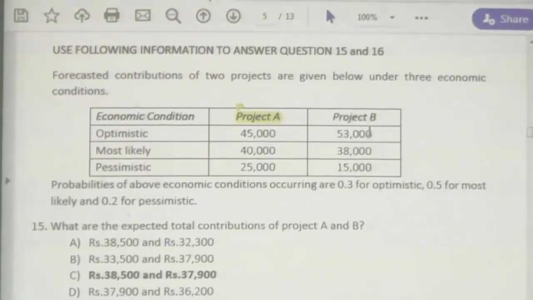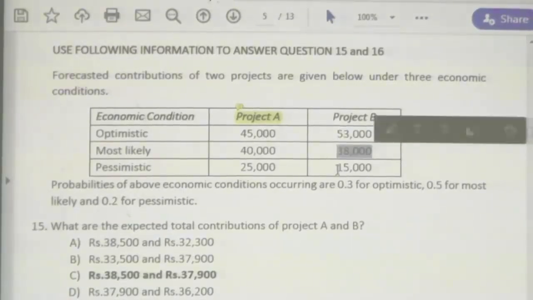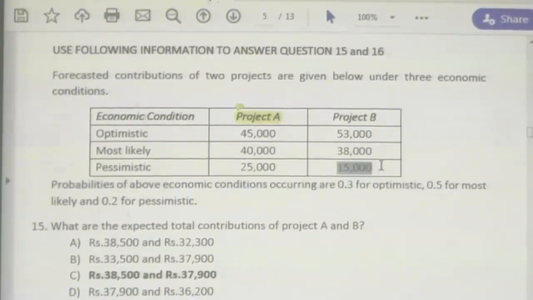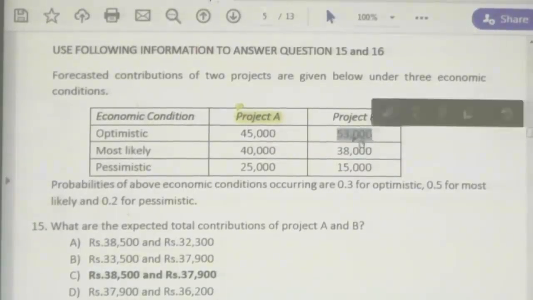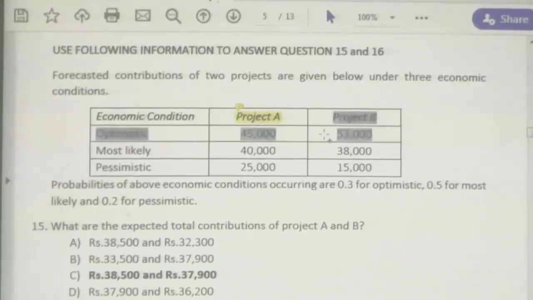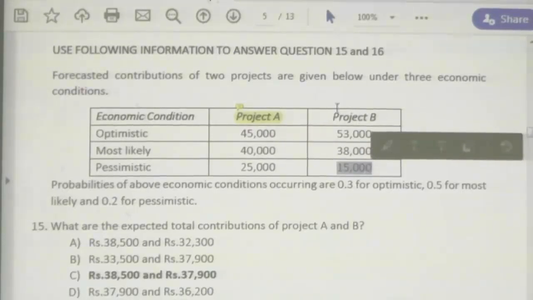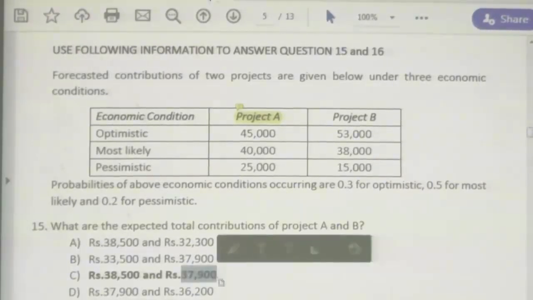When it comes to B, you need to multiply this by 30%, this by 50%, this by 20%, right? Here 30% of this will be 15,900. Then 50% of this will be 19,000. 20% of this will be 3,000. Therefore, the sum of the expected values of these three possible values will be 37,900.